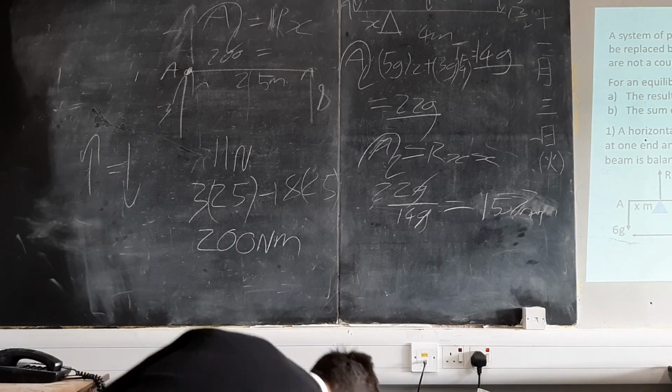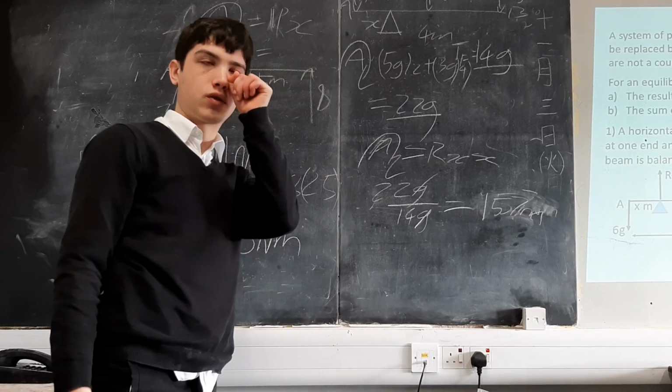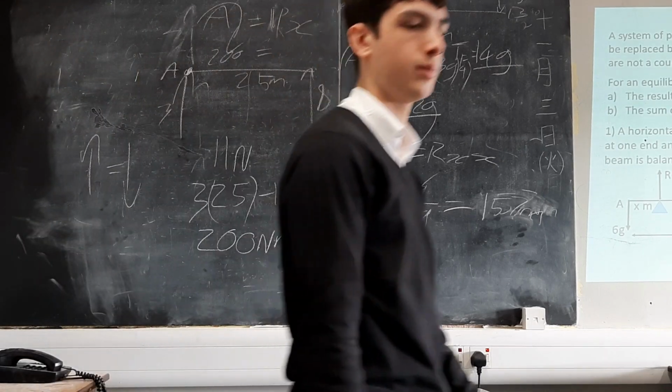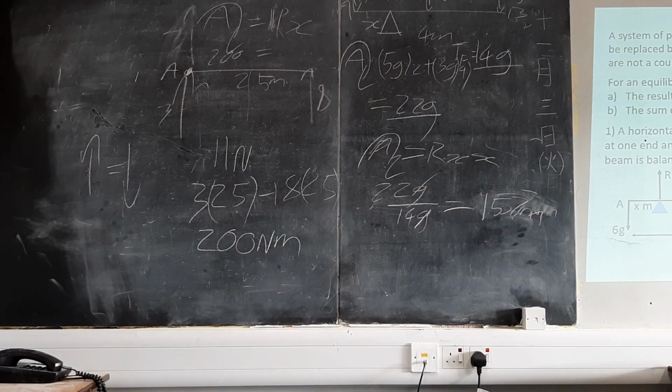Wait, 5g times 2, because that's halfway. Actually, writing the formula of the starting point of A, I'm going to write that all. That's how you get 22G. And then 3g times 4, and the 4 means the entire thing. So 5g times 2 is just halfway. Yeah. Cool.